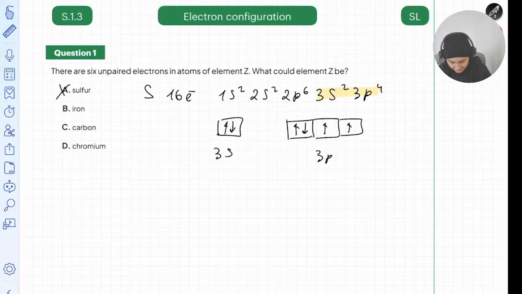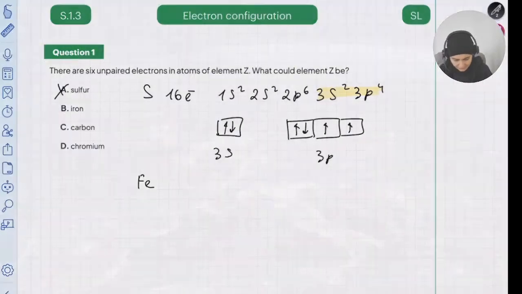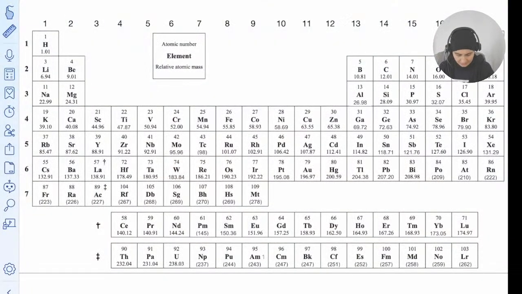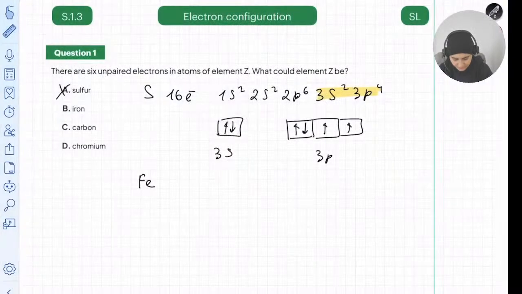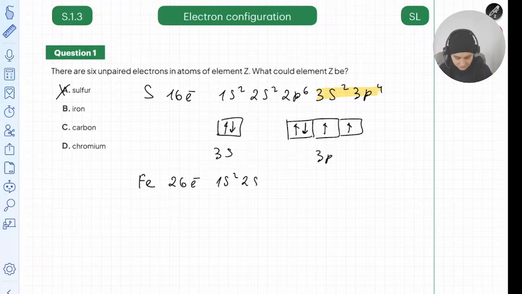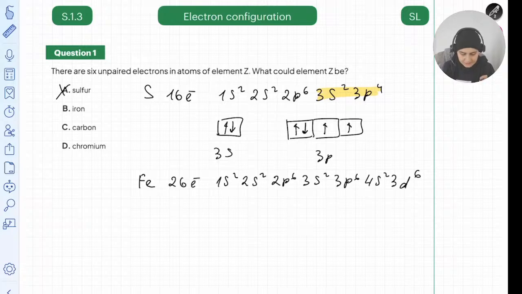Then let's check iron. Iron has how many electrons? 26. Okay, so let's write down the configuration. 1s2, 2s2, 2p6, 3s2, 3p6, that's 18, 4s2, 3d6. So the only place again where it can have six unpaired electrons is in 3d.